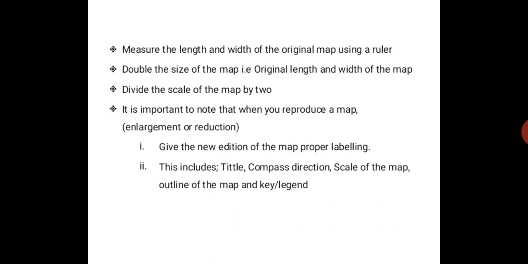Step 1: Measure the length and width of the original map using a ruler. Step 2: Double the size of the map, that is, the original length and width of the map.